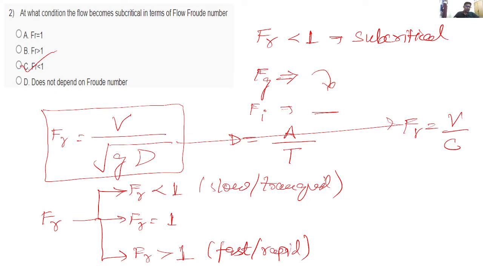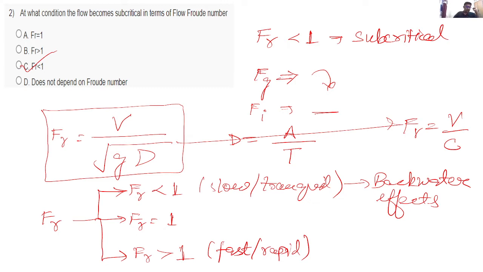In that case, at subcritical flow, flow is controlled from a downstream point and information is transmitted upstream. And at subcritical flow, you will observe backwater effects. And at supercritical flow, the supercritical flows are controlled upstream and disturbances are transmitted downstream.